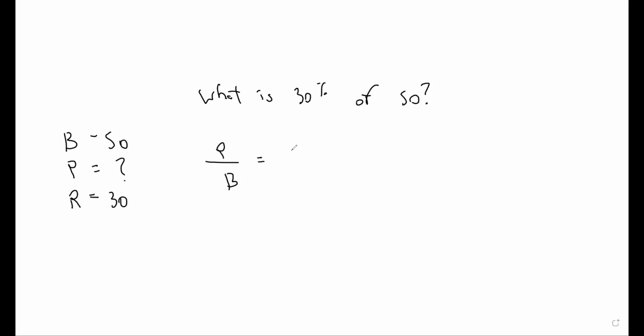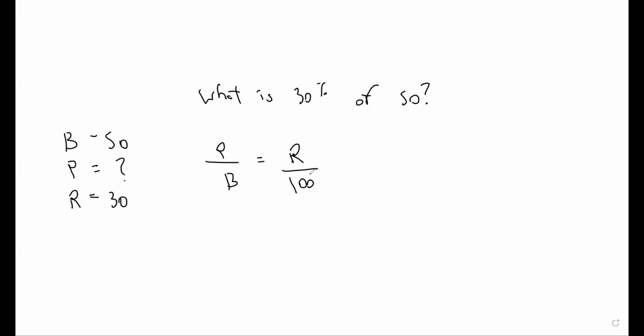So P over B equals R over 100. And then the next step is you plug in your variables, and you make sure you plug them in where they actually belong. Because one common mistake I notice with a lot of students is they'll just plug things in randomly without really using any logic. Typically, they'll just plug stuff into the left side of the equation, even if that stuff doesn't really belong there.